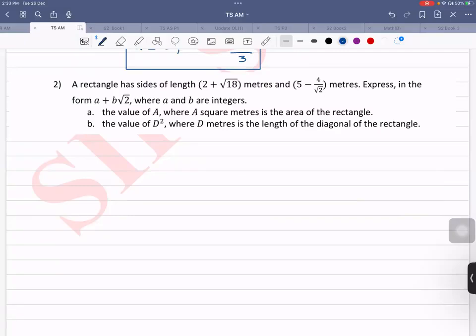It is better that you draw a rectangle and mark the lengths which are given. 2 + √18 is one of the lengths, and 5 − 4/√2.